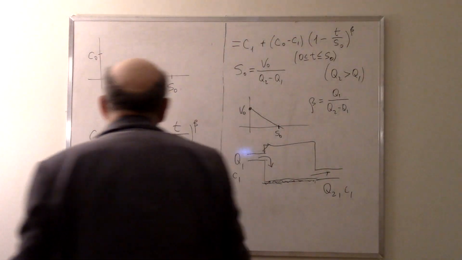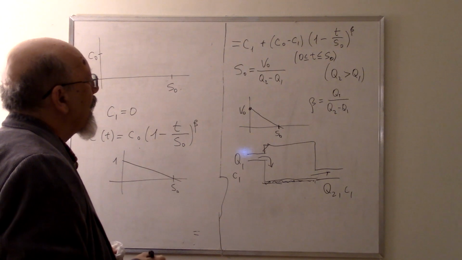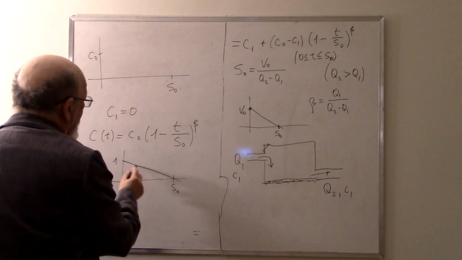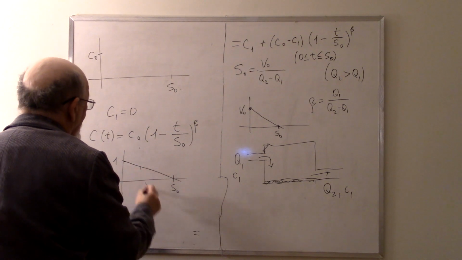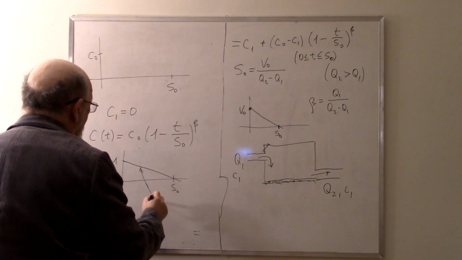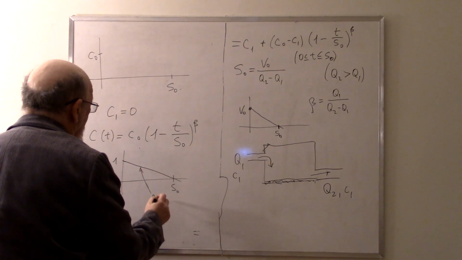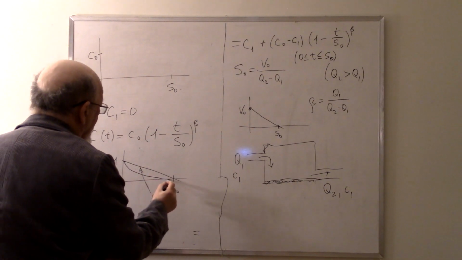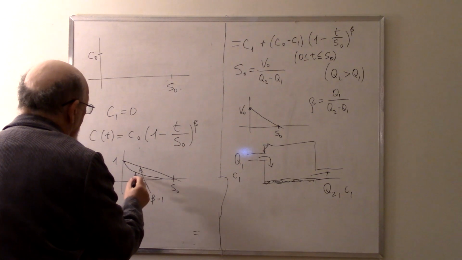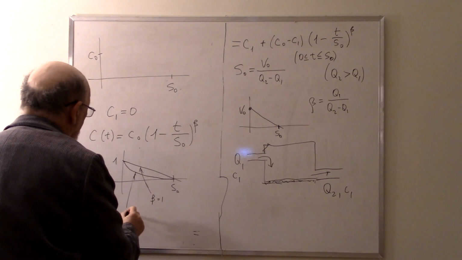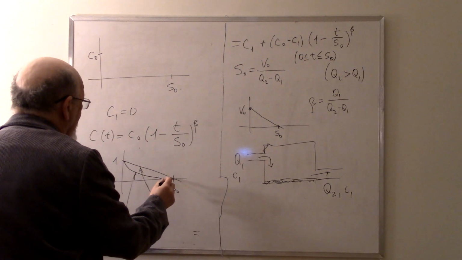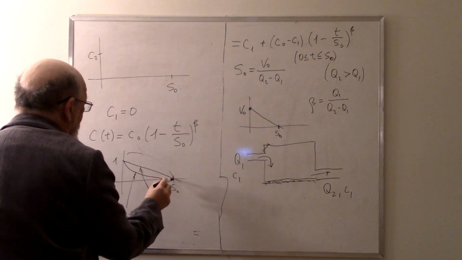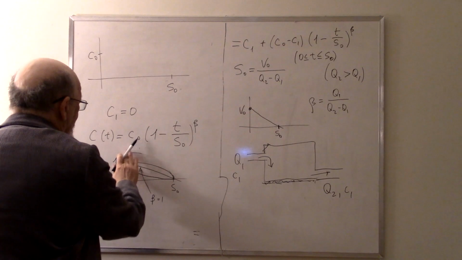So say if beta is equal to 1, we have this function. If beta is more than 1, we have something like this. If beta is less than 1, it is something like this.